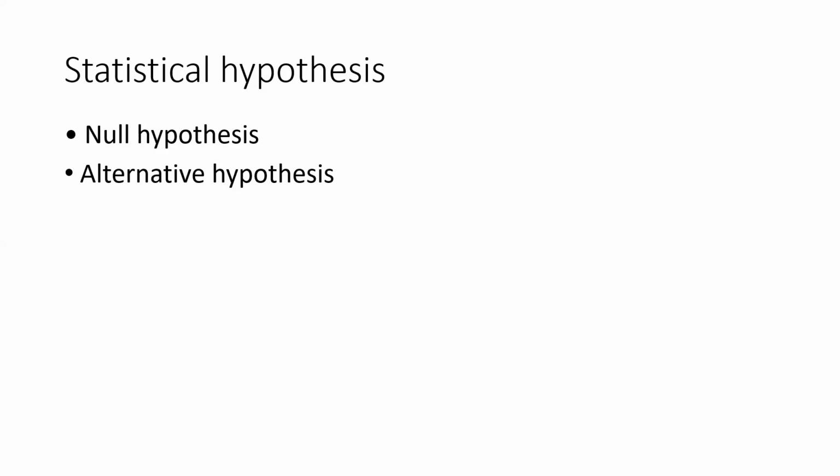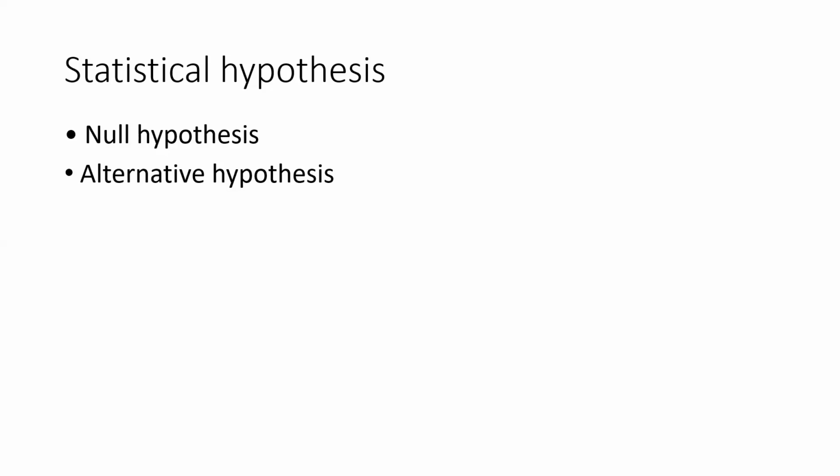So for this study between smoking and lung cancer, the null hypothesis will be there's no association between smoking and lung cancer. Alternative hypothesis is the opposite of that: there's an association between smoking and lung cancer.